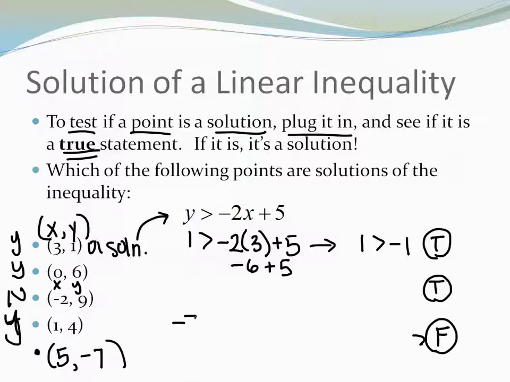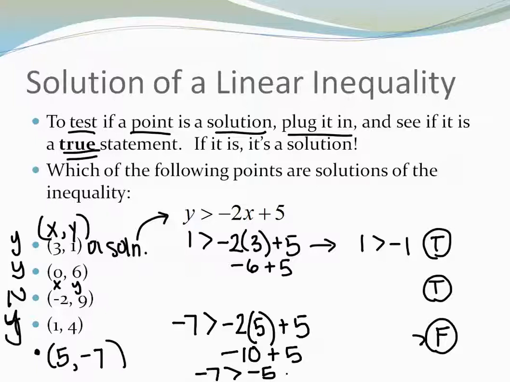So y is negative 7 greater than negative 2 times 5 plus 5. So this is negative 10 plus 5, which is negative 5. So we're looking at negative 7, and we're wondering, is that greater than negative 5? And the answer is no. Remember, the bigger the negative number, the smaller it is. Okay, so this is another no.